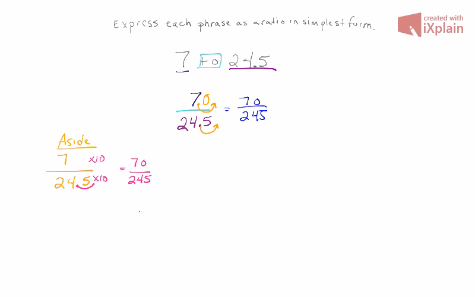I do notice here in the case of 70 and 245, both numbers either end in a 0 or a 5, which if you think about your 5 times tables, these are multiples of 5. So I'm going to divide both by 5.